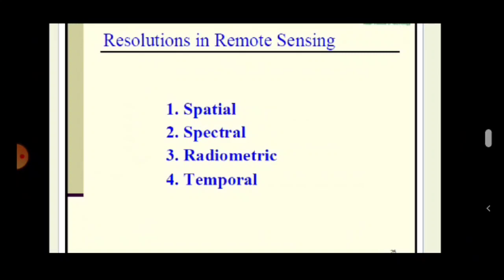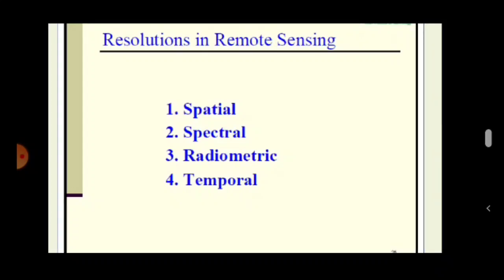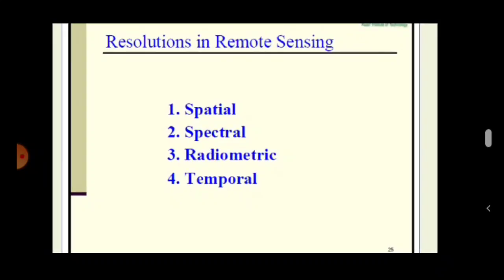This undividable quantity is measured based on those four terms. Ground or spatial resolution deals with distance, and wavelength deals with spectral resolution. I'm going to explain it later. Radiometric deals with the radiation quantity, and temporal resolution deals with time.